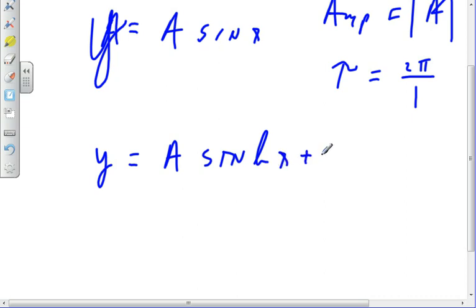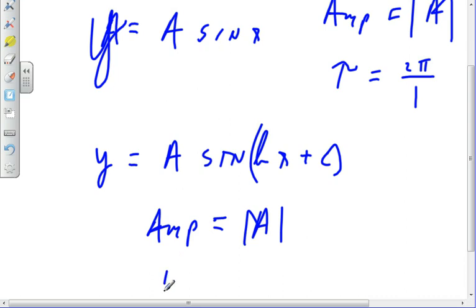So Y is equal to A sine of BX plus C. What's the amplitude? Absolute value of A. What's the period? 2 pi over B. Now I need the littler eraser. Is that an X or B? BX plus C?